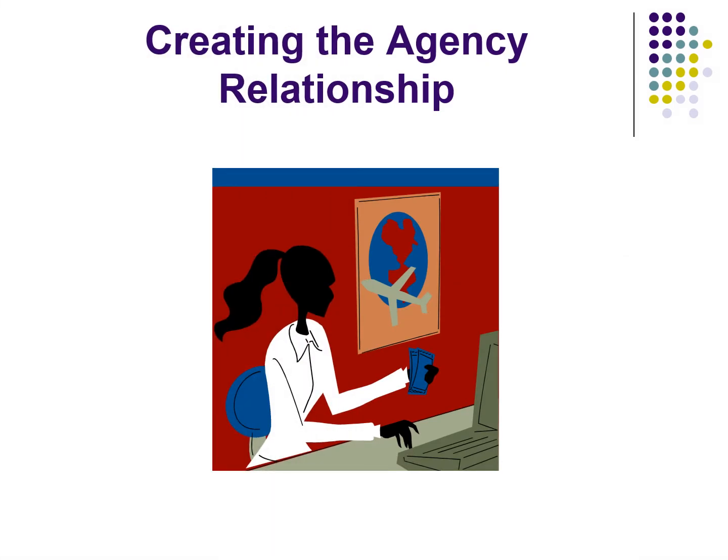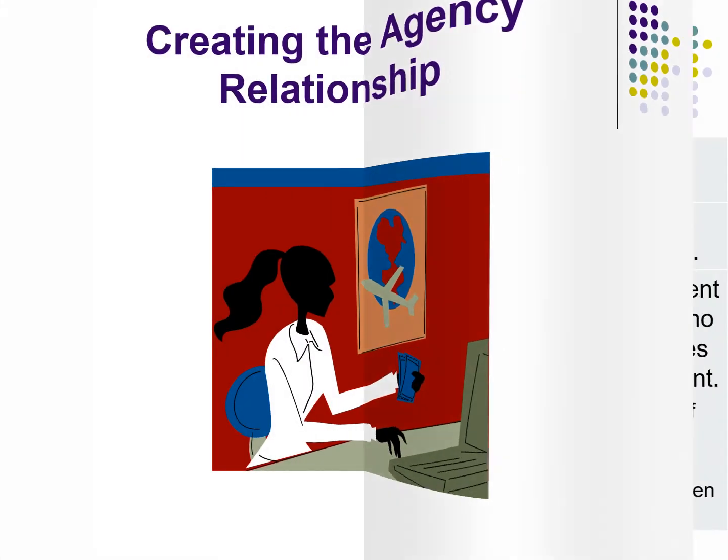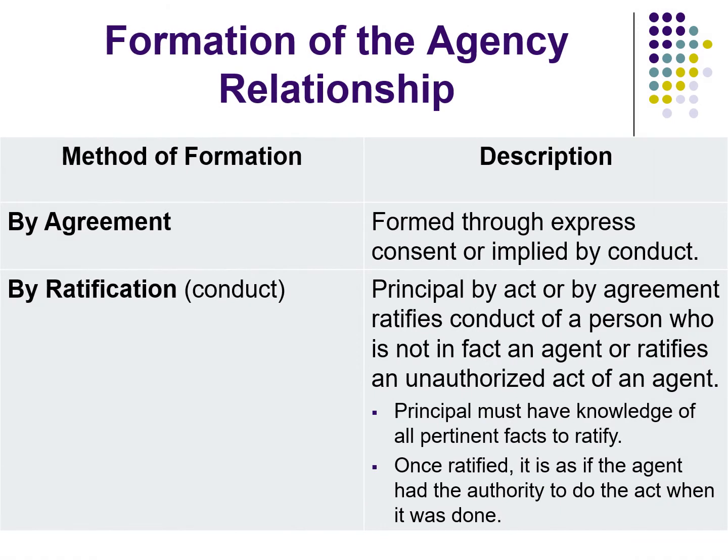So how do we create the agency relationship? We've got two main ways, either by agreement or by conduct, which is also known as ratification. Agreement is the easiest and the simplest. By agreement, we either expressly agree you will serve as my agent and negotiate this contract on my behalf, or it can be implied by conduct.